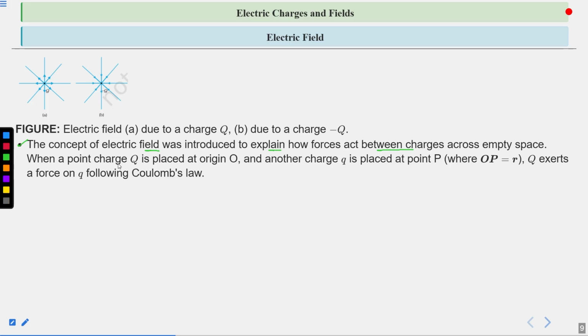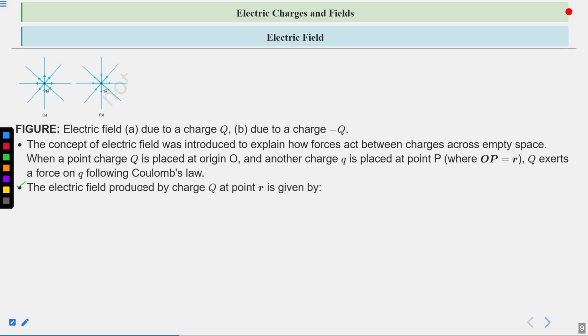When a point charge Q is placed at origin O and another charge small q is placed at point P where OP is equal to r, Q exerts a force on q following Coulomb's law. We already learned Coulomb's law in previous lectures.